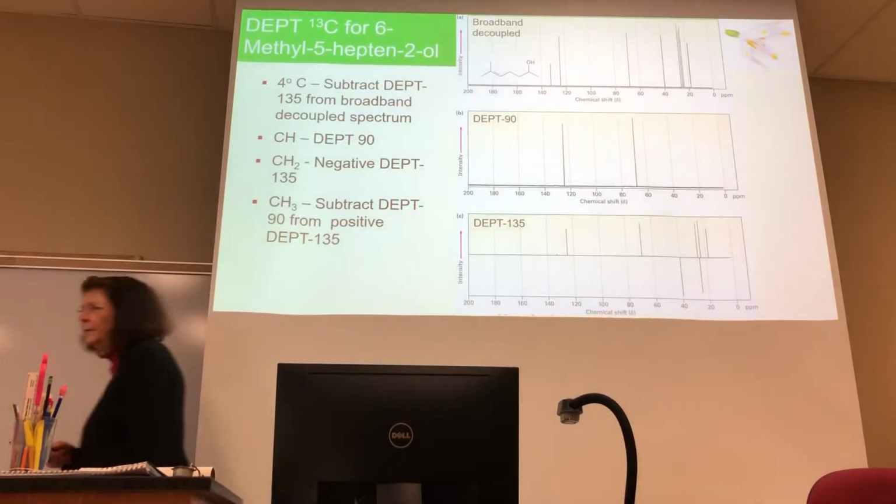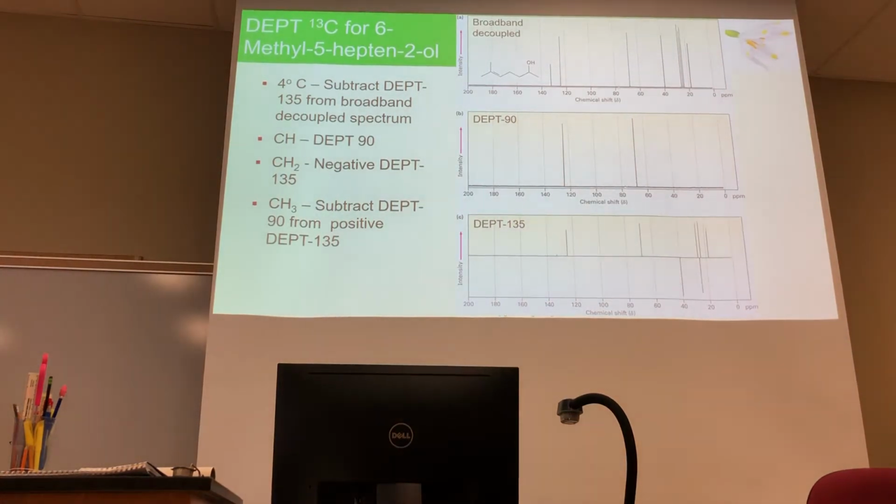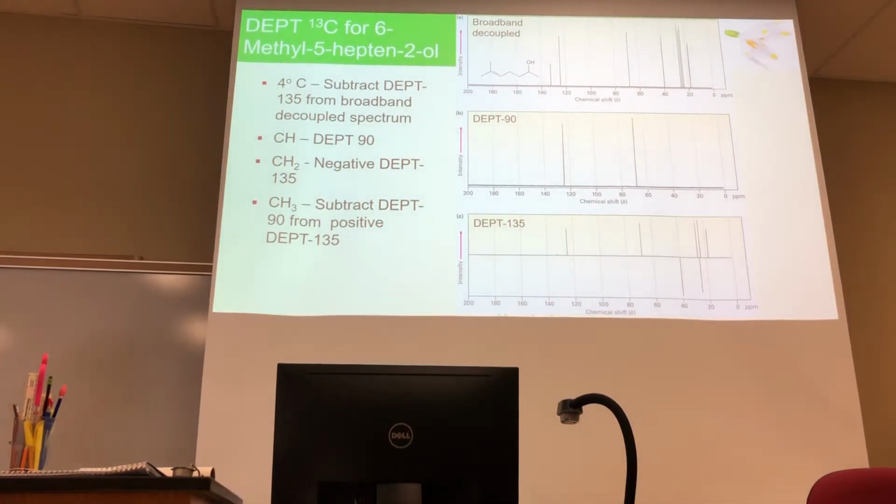Okay, so let's go back and re-look at this one again, and just see what it looks like when we're doing this. Okay, so here we have the broadband decoupled. And when we're doing that, we see 1, 2, 3, 4, 5, 6, 7, 8 carbon environments. Am I counting those correctly? I can't really see those very well.